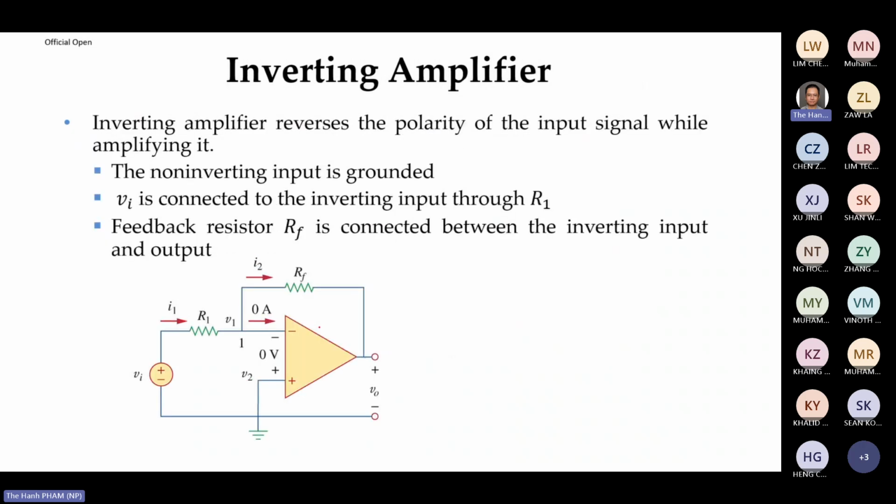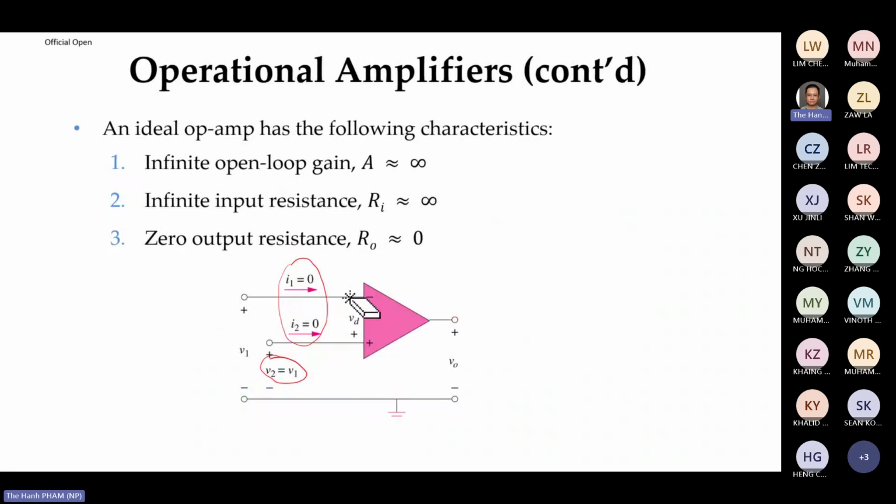The first thing is there's no current running into the terminals because Ri here is infinity, right? So there's no current running into this, and also the voltage of the two terminals must be the same.